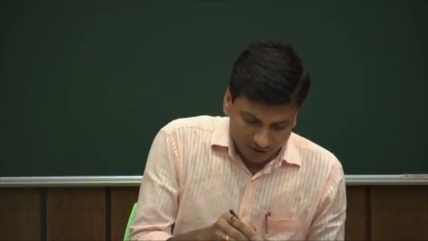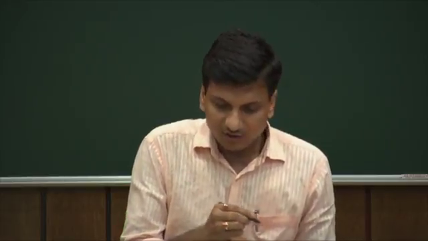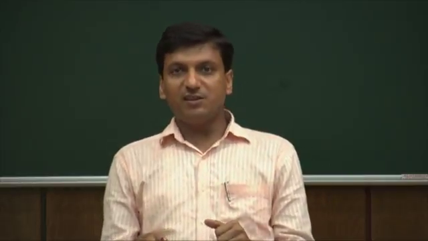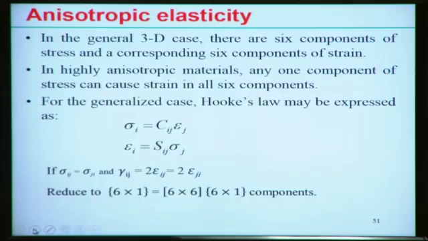Now we will try to analyze how this can be correlated in case of the 3-dimensional state. So in general, in the 3-dimensional state, we represent the stress or strain with a total of 6 components.